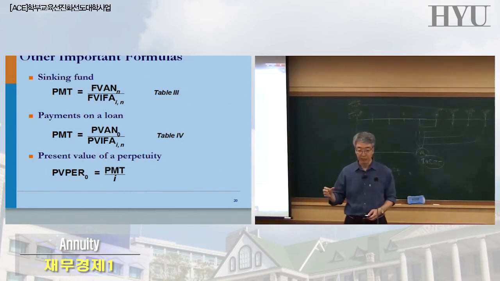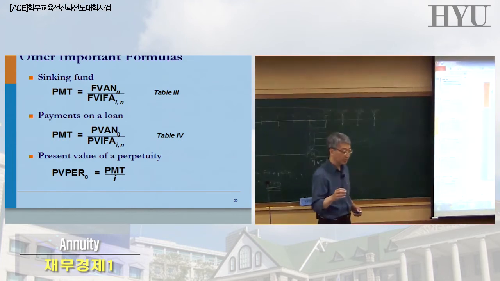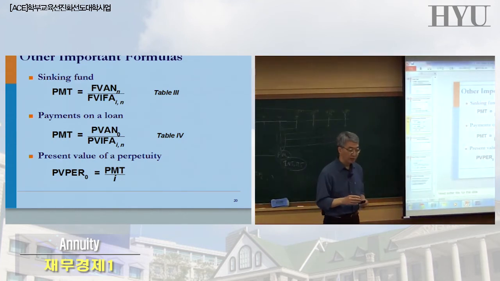So it's kind of a savings account. The companies are required to set aside a certain amount every year so that at the end of the 20th year, they're going to have enough money to pay back what they have borrowed. That's the idea of a sinking fund.